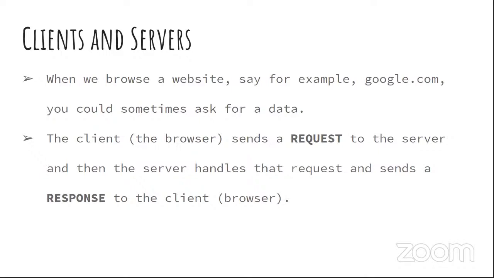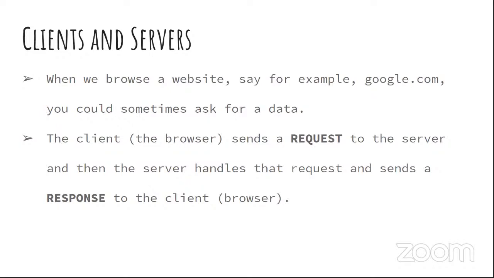By simply typing in google.com on your browser, you are requesting data on the Google servers. So the client, which is the browser, sends a request to the server, and then the server handles that request and sends back to the client.